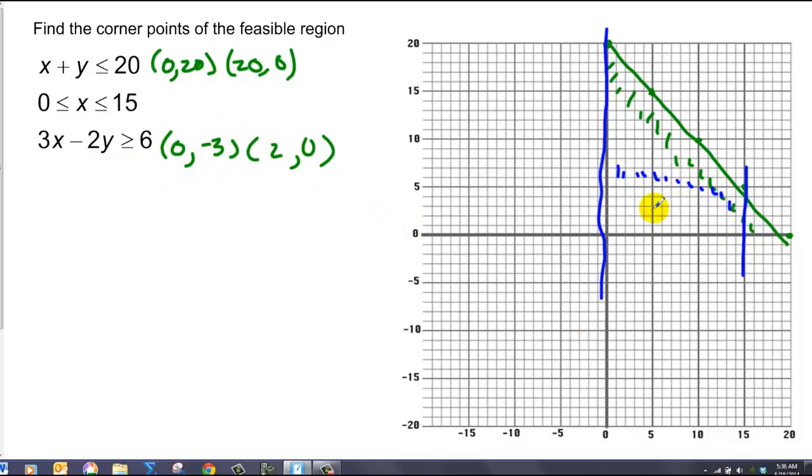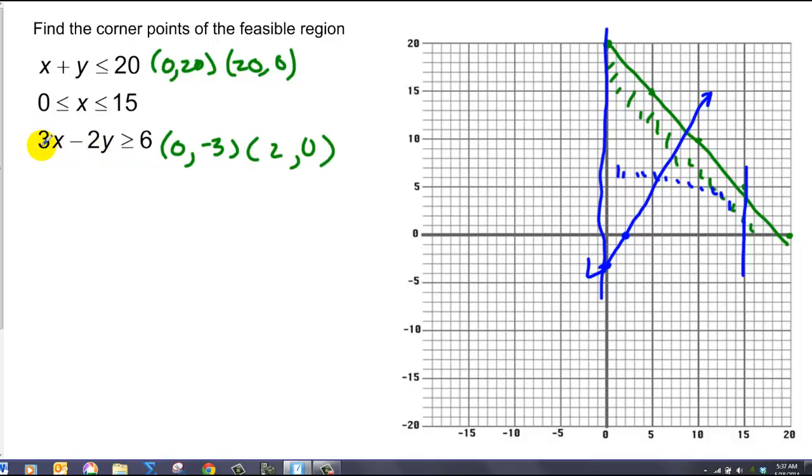And then at 0, -3, and 2, 0, and then I graph that. This is going to be averagely accurate because I haven't really checked all the way up. So the next thing they want me to do, after I finish shading this, I use 0, 0 again.